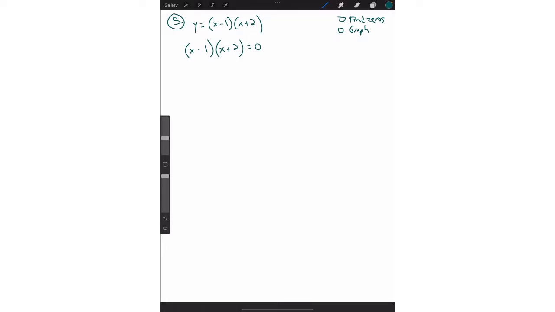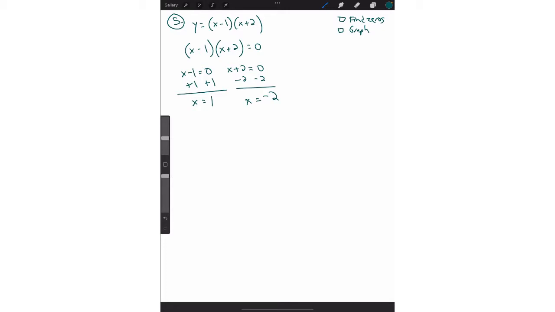That's all we've done, and I've written it on the left instead of on the right. You could have written it either way, doesn't matter. Remember, when we do this, we set each factor equal to 0. X plus 2 is equal to 0, and the quantity x minus 1 is equal to 0. I go ahead and solve this, and I get x equals 1. I solve this one, and I get x equals -2.